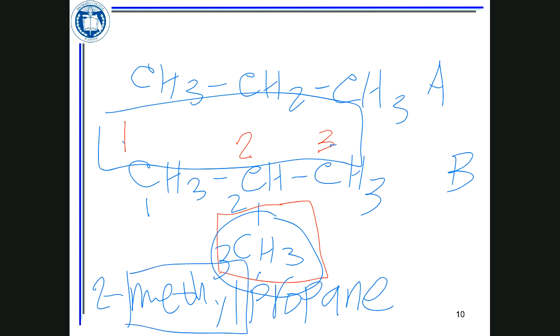This is one of the initial rules. There are like 5, 6, 7, 8 different rules, and we are going to learn one at a time. The first step is find the longest carbon chain and number it. Yes, it is methyl because the branch is CH3 and is attached to carbon number 2. Okay, that's one example.